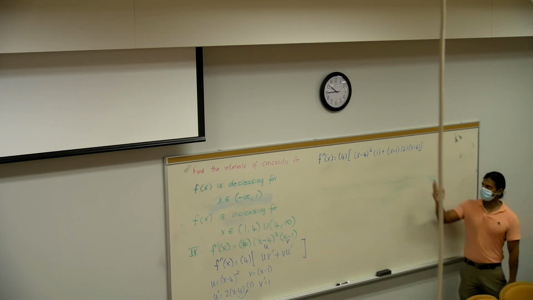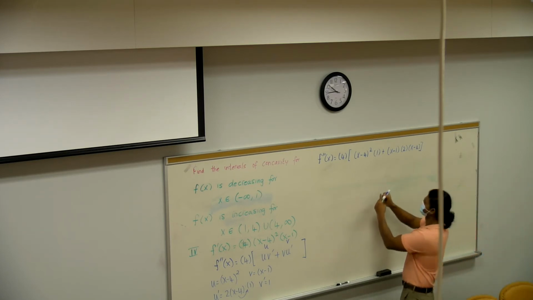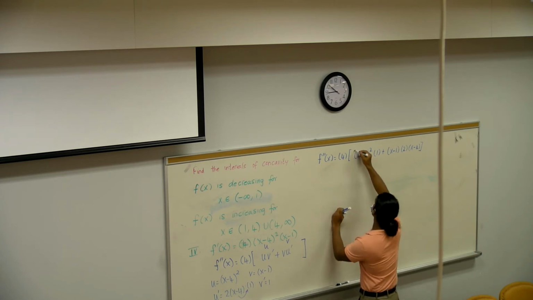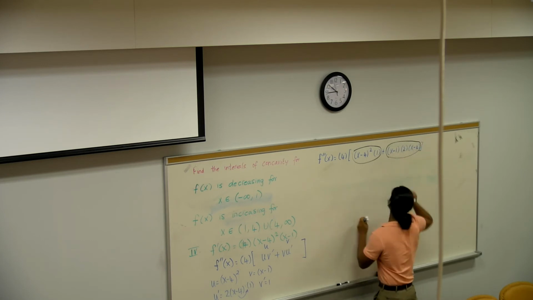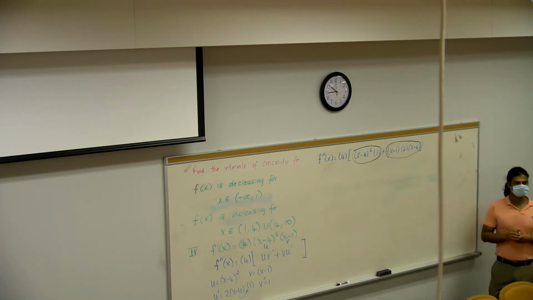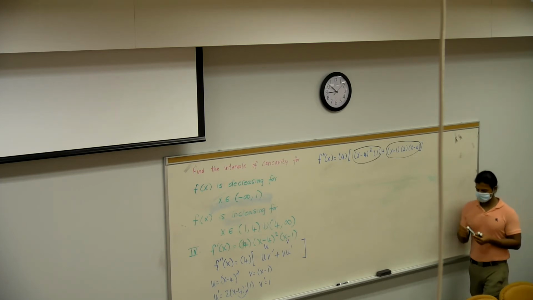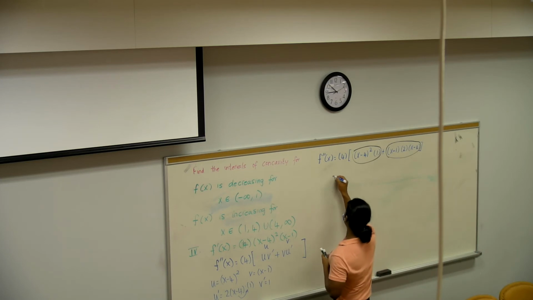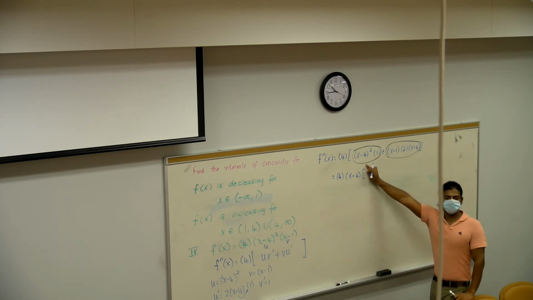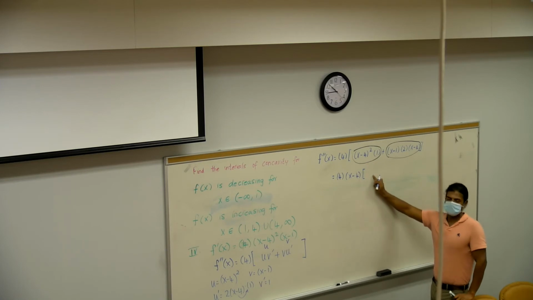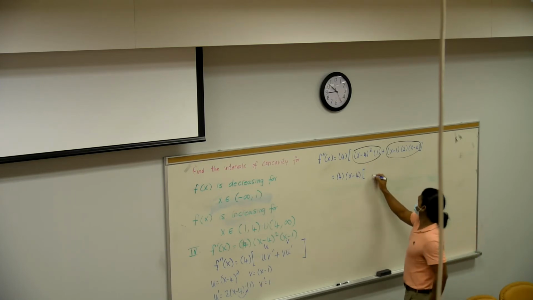What do we have in common between that term and that term? What factor is in common? X minus 4. If x minus 4 comes out of x minus 4 squared, what would we leave behind? X minus 4.